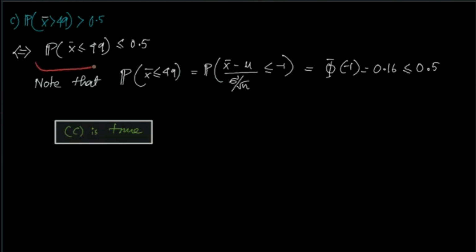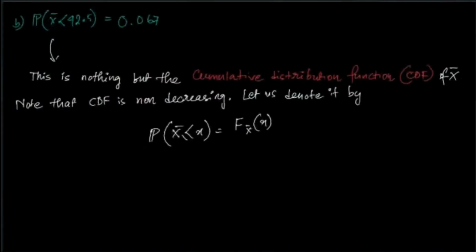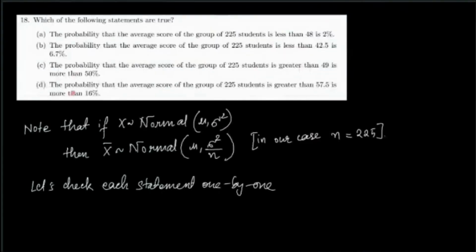Let's calculate this value first, and then we will see if it is less than 0.5 or not. After doing the algebraic manipulation, it comes out to be -1 here. I know that phi of -1 is 0.16 from that table, and 0.16 is less than 0.5. So this statement holds true. So C is correct.